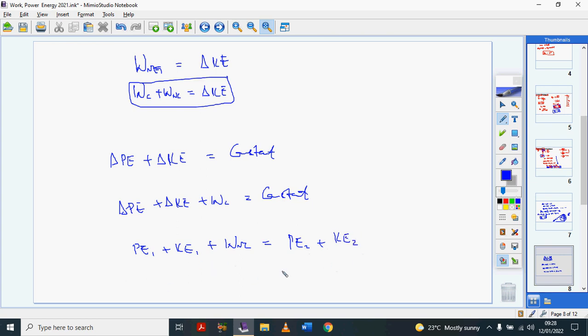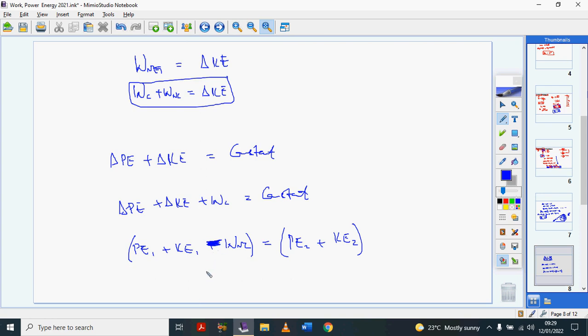That's what it will look like, because this work done by non-conservative forces takes away energy from the system. So the final energy of the system will be equal to the initial energy minus the work done by the non-conservative forces. Yeah, this should be minus. I hope that makes sense.